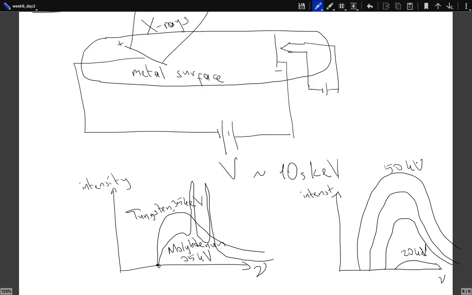These are not as a function of frequency, but rather wavelength. This is lambda. Well, there is a maximum frequency. You basically get all the frequencies up to a maximum frequency. And that maximum frequency turns out to be independent of the material, but it depends on the energy of the electrons.